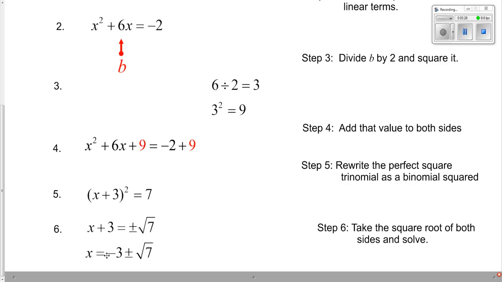And x equals minus 3, because you subtract 3 from both sides. So that's x equals minus 3 plus or minus the square root of 7. And as I've mentioned in class, that should look very familiar, because this looks like a solution from the quadratic formula.